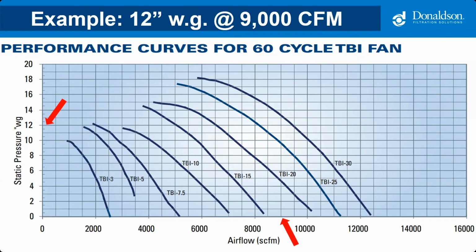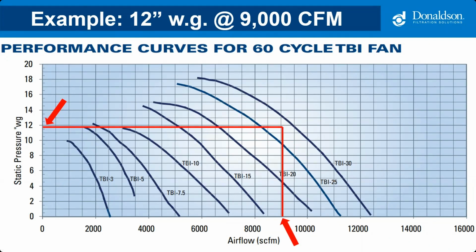And when we line up those two factors, we land in between a toric backward incline, or TBI, 25 horse and a TBI 30 horsepower fan.